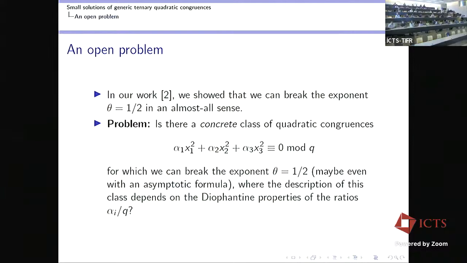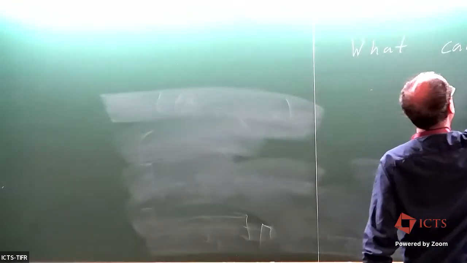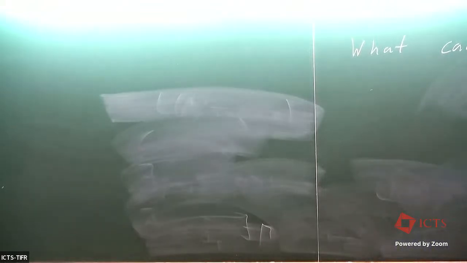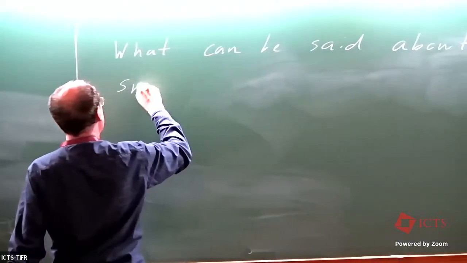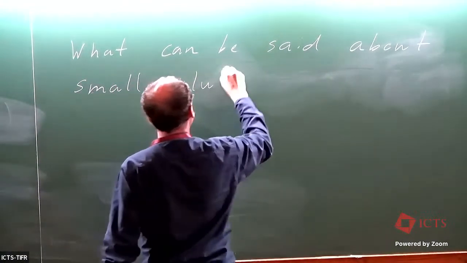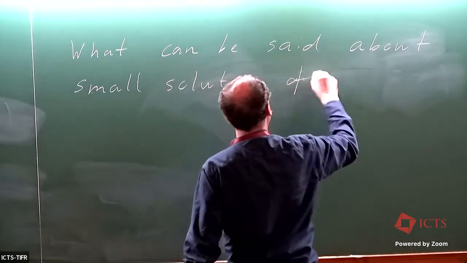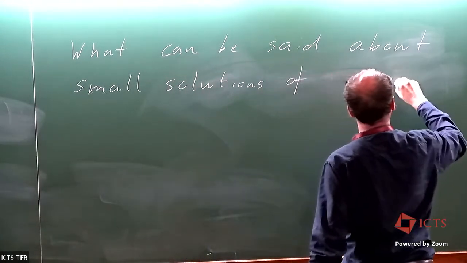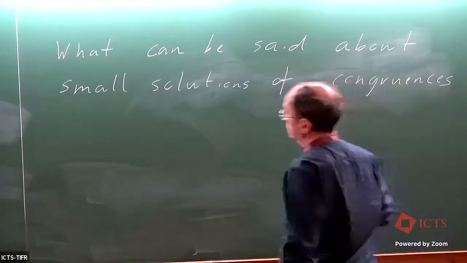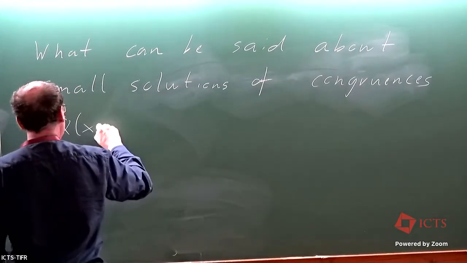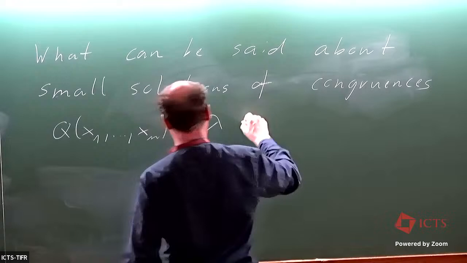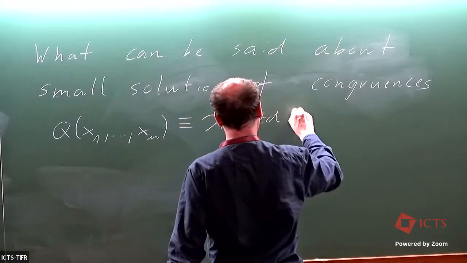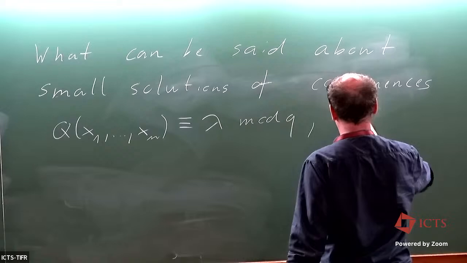So the question is, what can be said about small solutions of congruences: a quadratic form in x1 up to xn, congruent to lambda mod q, lambda not equal to 0.